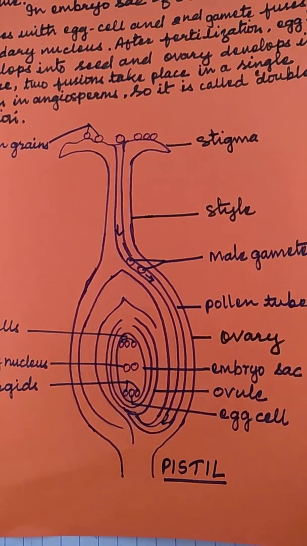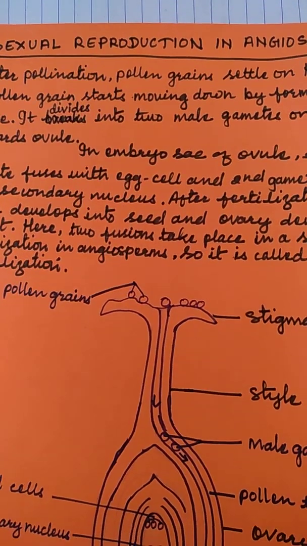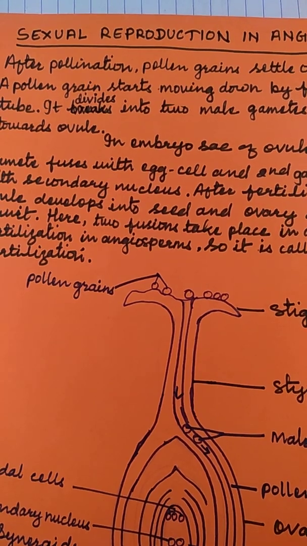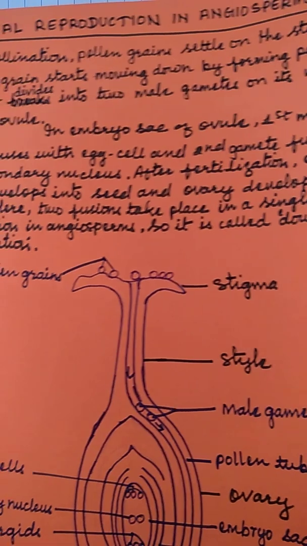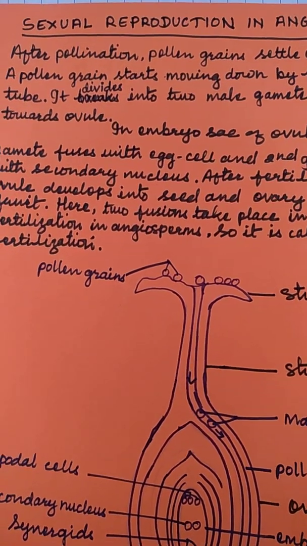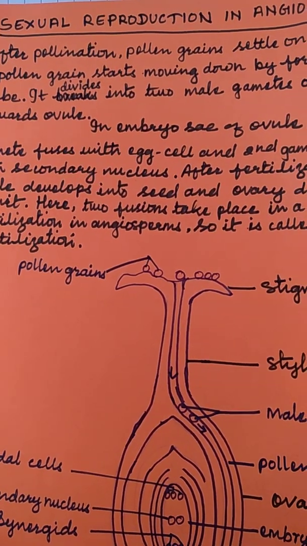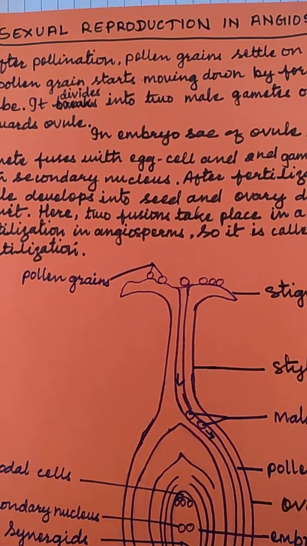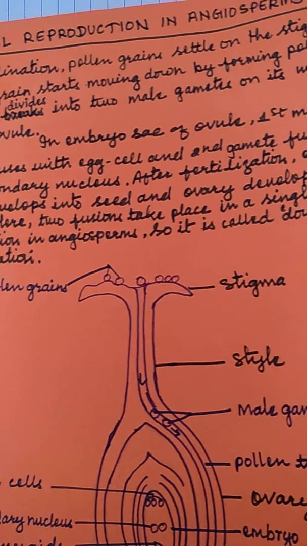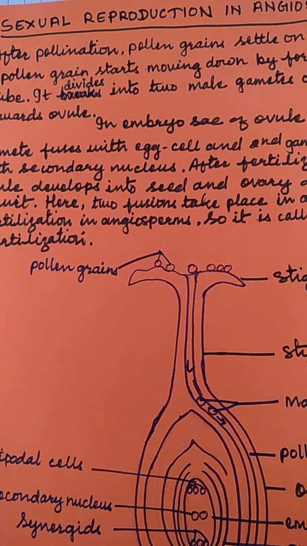Now you have to give a small explanation for this one. The explanation is this way: sexual reproduction in angiosperm. After pollination, pollen grains settle on the stigma, and a pollen grain starts moving down by forming a pollen tube. It divides into two male gametes on its way towards the ovule.